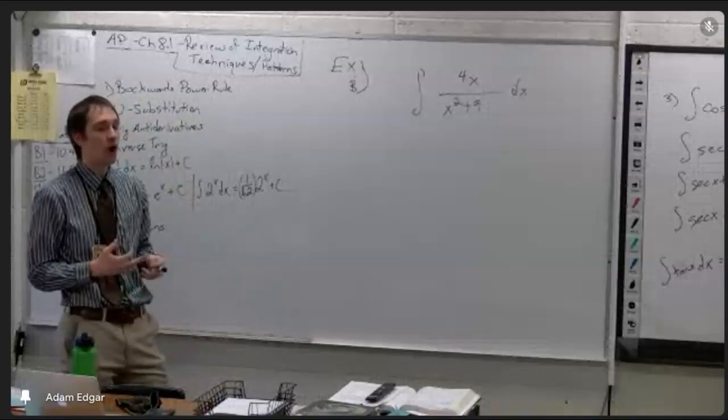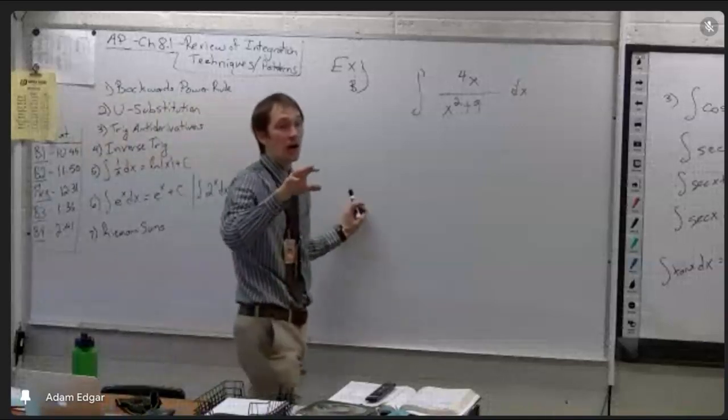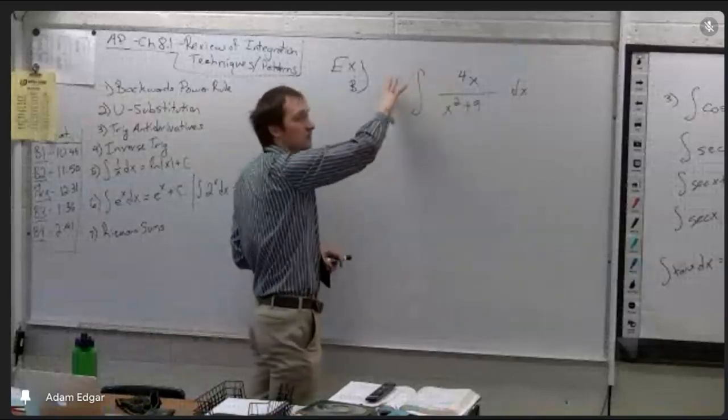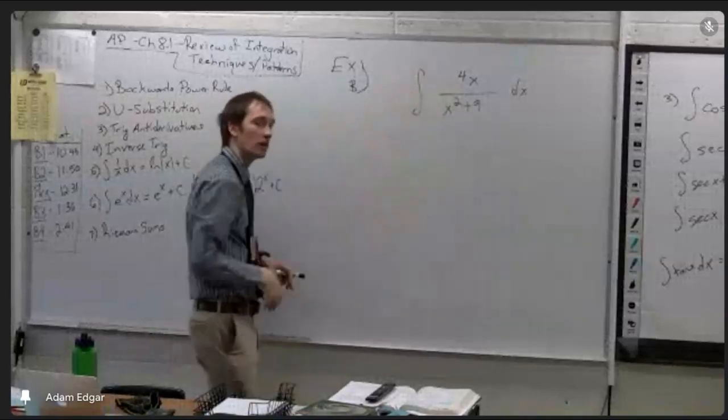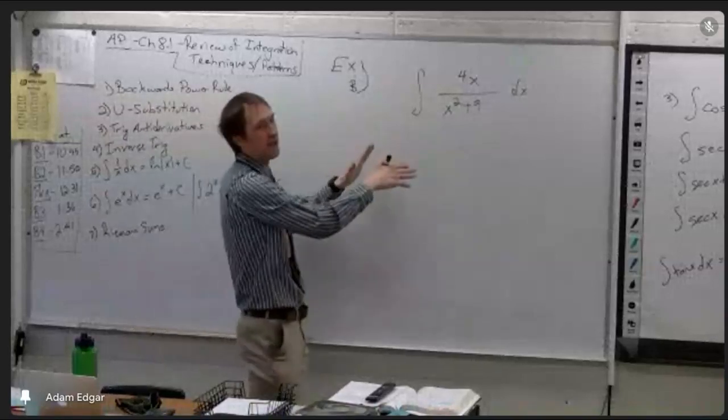We'll always want you to put it back in terms of x, unless it's a definite integral, plus c. If it's a definite integral and you have bounds, you can convert them into terms of u and then do that. But if it's an indefinite integral like this, always get back into terms of x.